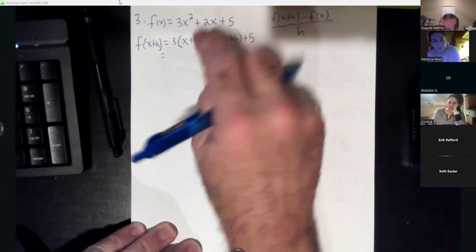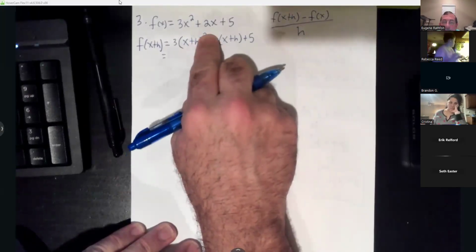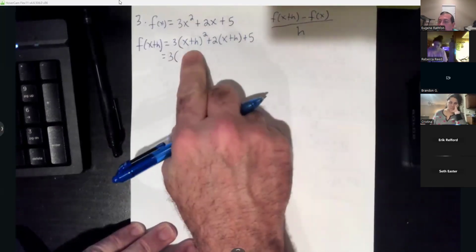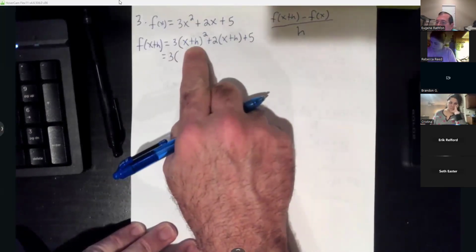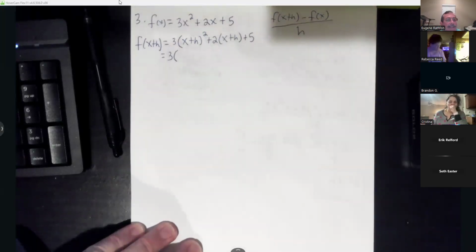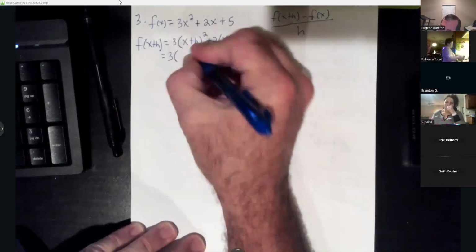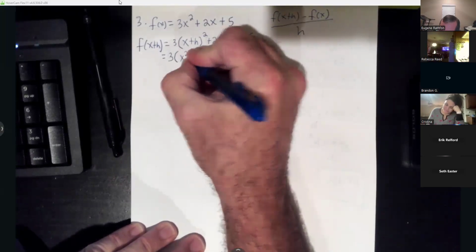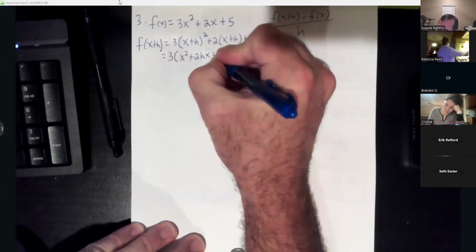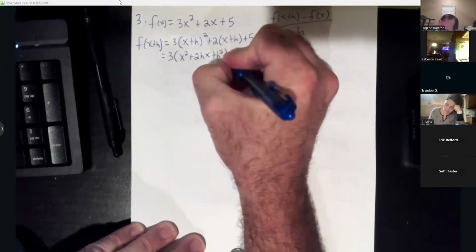All right, y'all, so what I'm going to do first is the x plus h squared. So I'm going to bring down that 3. But y'all already know what x plus h squared equals, don't I? I figured that out on the last problem. We're going to plug that in here. x squared plus 2hx plus h squared.